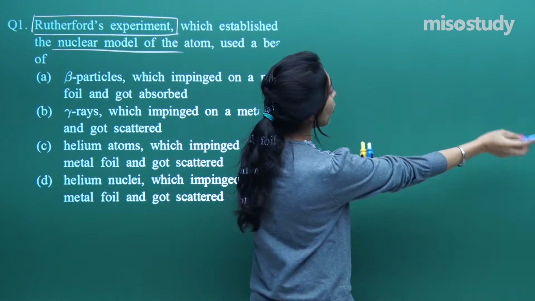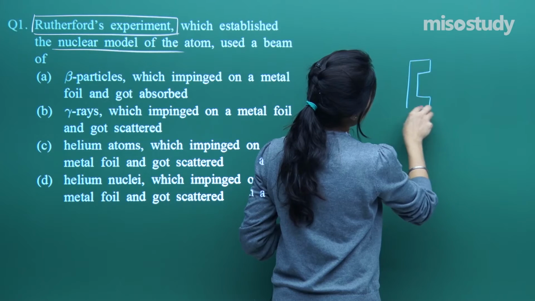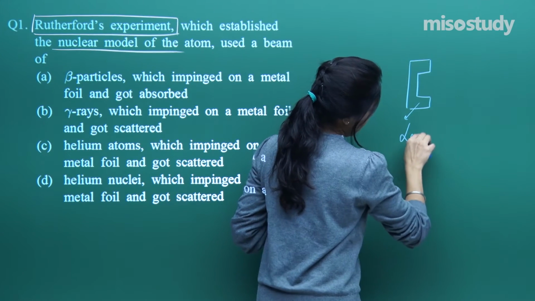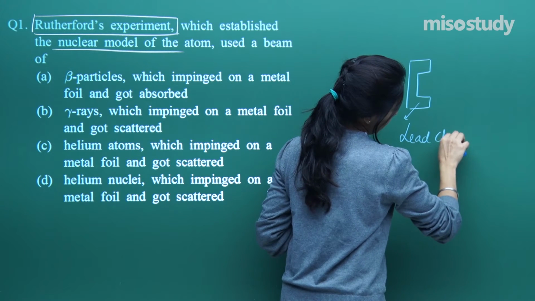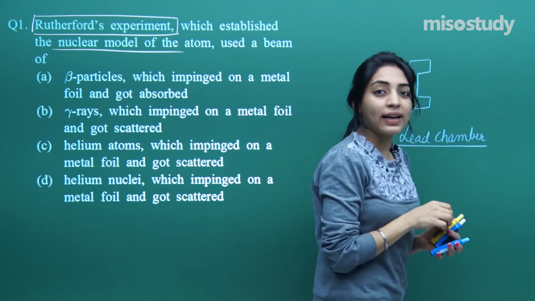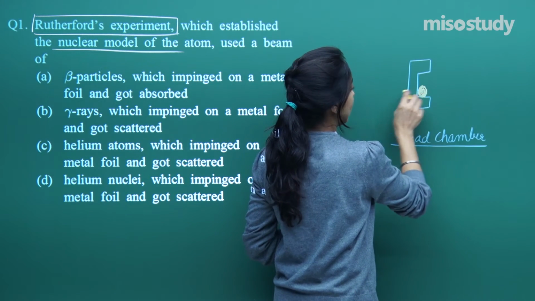So let us first gather the knowledge about Rutherford's model of an atom once again. See guys, if I'm not wrong, we have discussed that in Rutherford's model of an atom, first of all, we have taken a lead chamber. Now, in the lead chamber, you kept a radioactive atom which was radium.